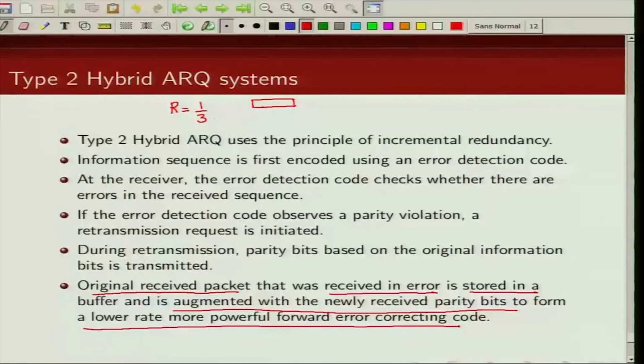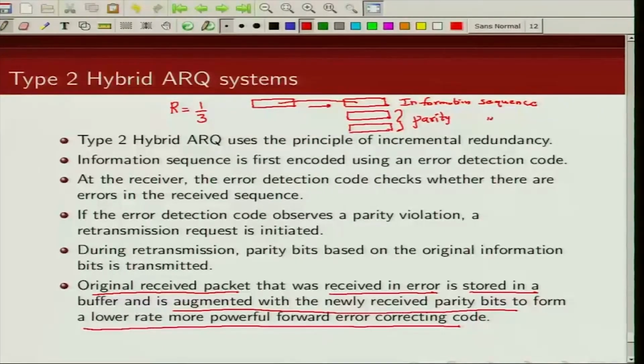Now if I pass this block of information bits through a rate 1/3 encoder, what I will get is 3 sets of sequences. Let's assume this is a systematic code, so this and this are the same. These are the information sequence, and these are my parity sequences.